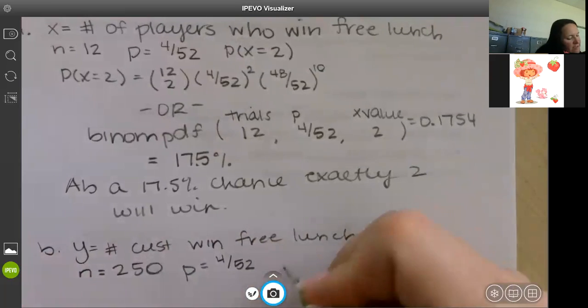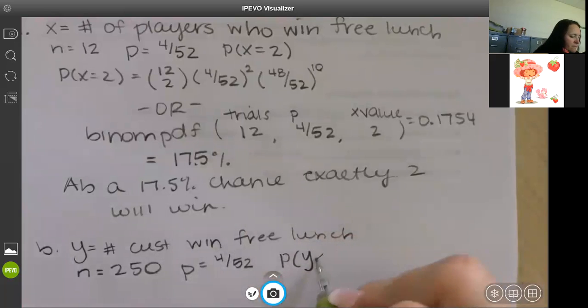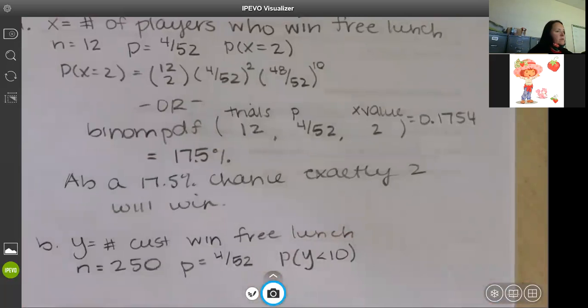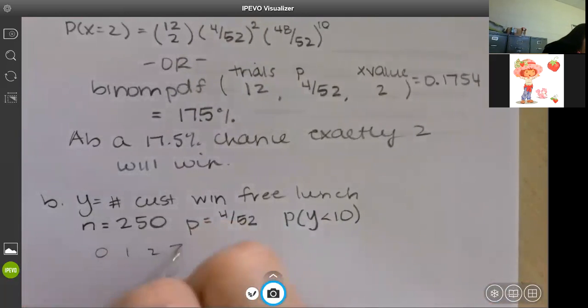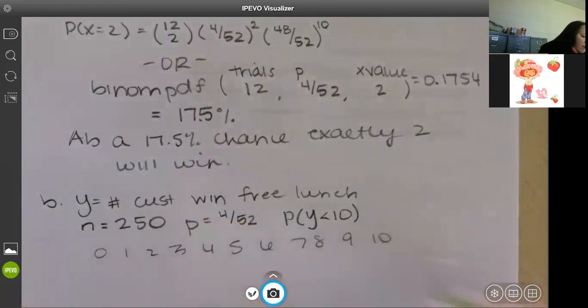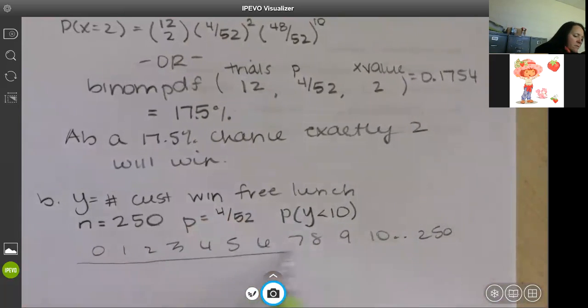And then what is our probability statement? What probability are we trying to find? That Y is what? Less than. Good. Make sure you don't put an equal to on there, because it's not going to work. So let me draw it out for you. We want less than 10, and it goes all the way up to 250. So I just want this.